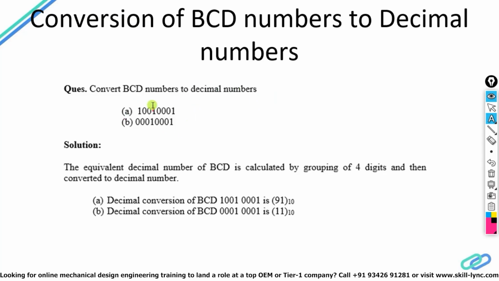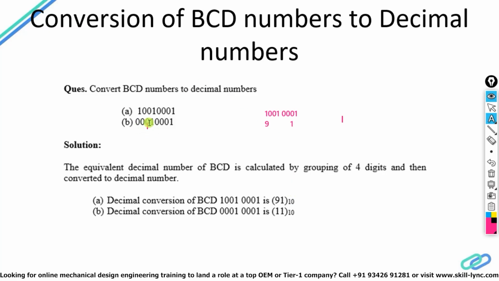First of all, we have to make a group of 4 bits. Now you can write the corresponding value. 1001 is 9, 0001 is 1. So the final answer will be 91. Don't forget to mention the base. The base is decimal, it is 10.